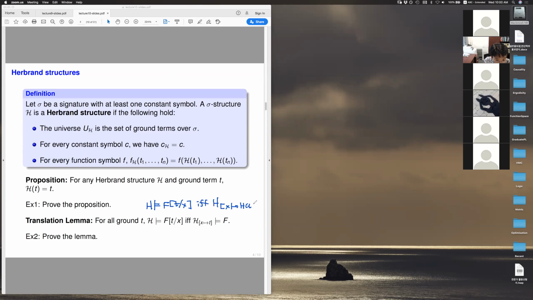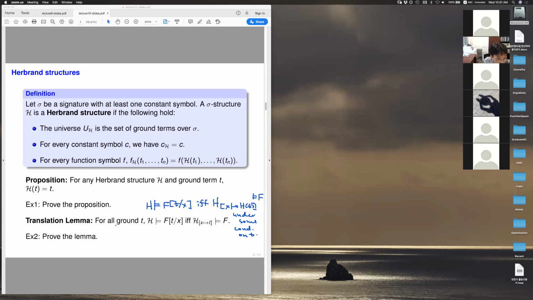So that was the original translation lemma, and then there were some conditions on T. So that's the usual translation lemma.